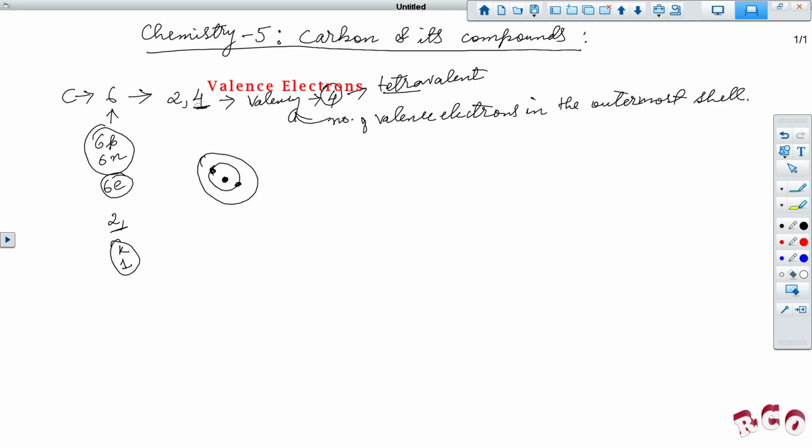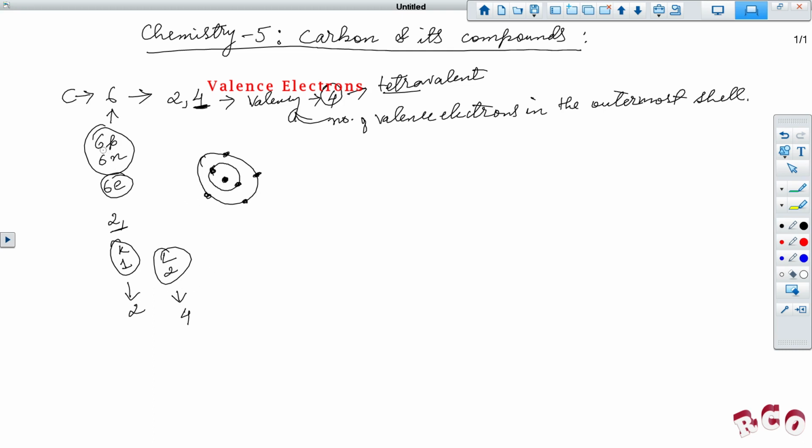And then another 4 electrons: 1, 2, 3, 4. These 4 electrons revolve around the nucleus in the second orbit. The second orbit is called the L shell, or 2. So there are 2 electrons in the first orbit and 4 electrons in the second orbit revolving around the nucleus.